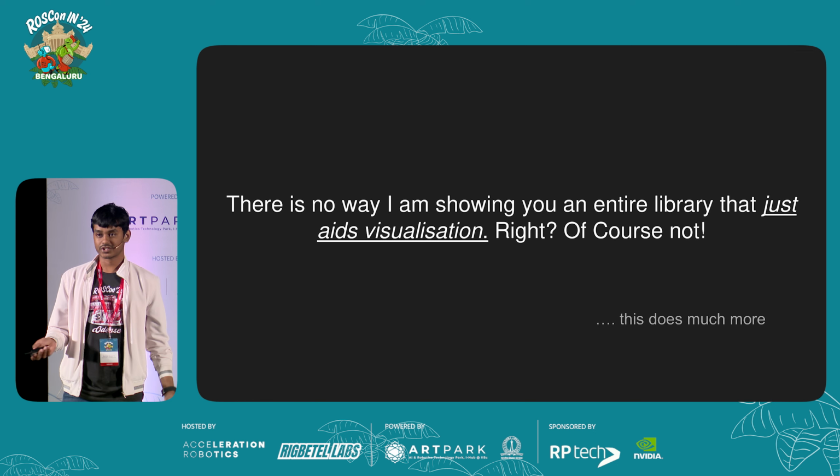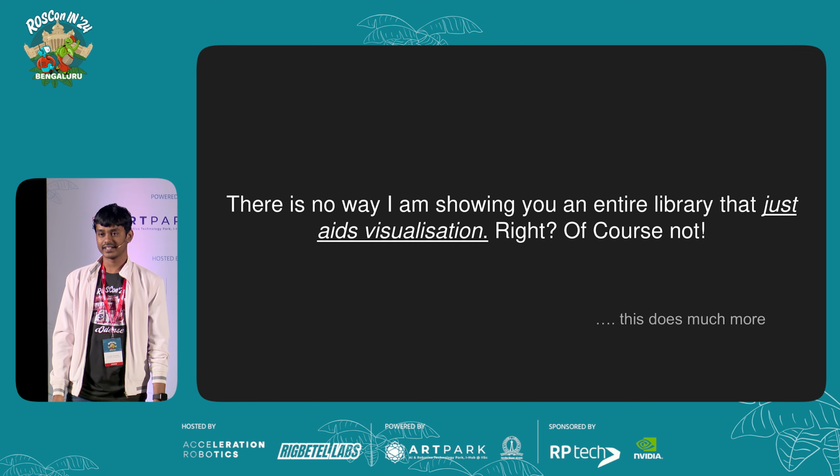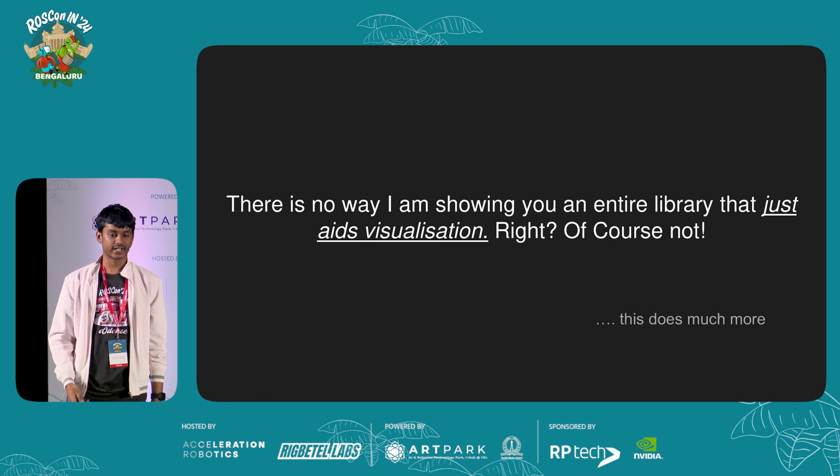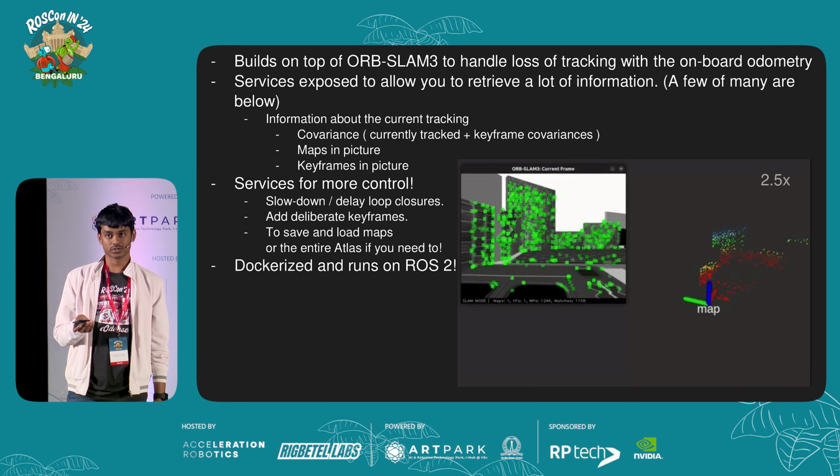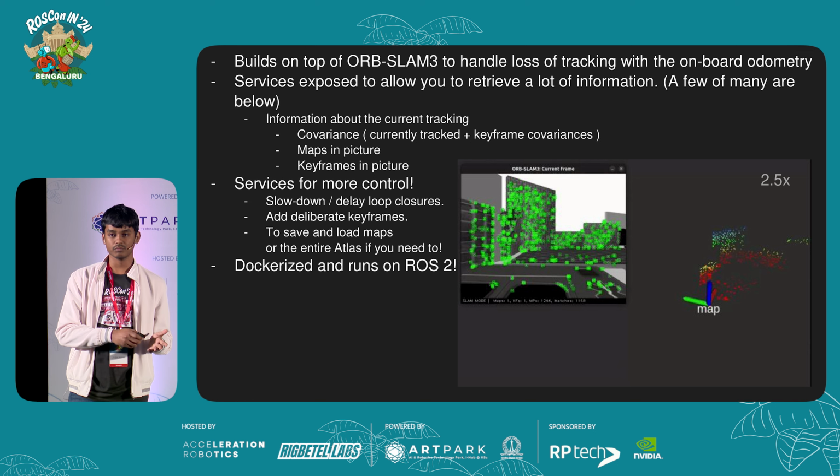Now, obviously, I'm not showing you a wrapper that just aids visualization. It does a lot more than that. So for those of you who know, OpsLam 3 is a multi-map SLAM in the sense that when you lose tracking, it resets the pose to 0 and creates a new map. And when it detects common features between these two maps, it merges them seamlessly and you can restore your tracking.